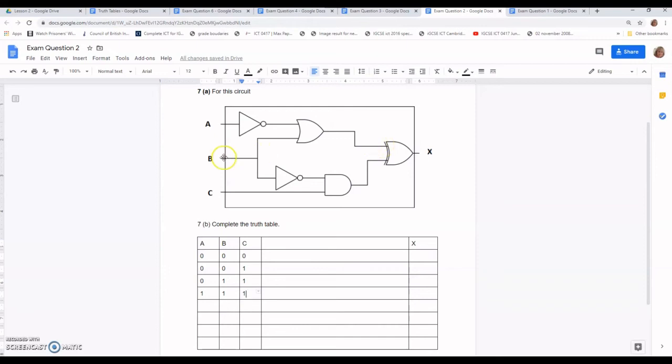Then here, this is 0, so the outcome there is 1. This is 0, so the outcome there is 0. So there's 1 and 0 going into the AND gate, so that's going to be 0. So in the XOR, 0 and 1 would be 1. So we know the answer here for X is 1. Okay, so that's how you're going to check your own answers and make sure that that is correct.